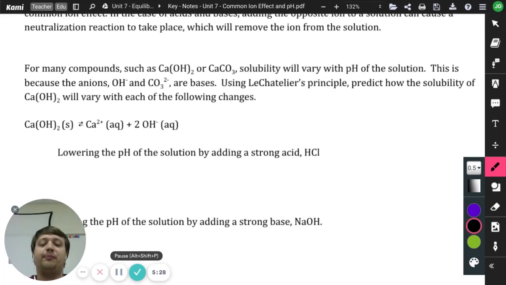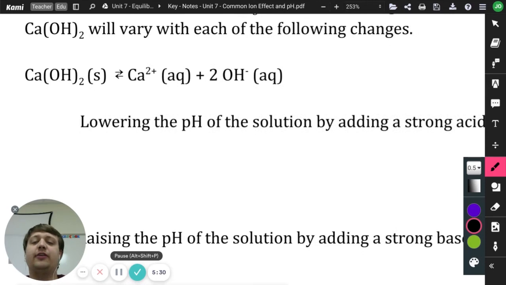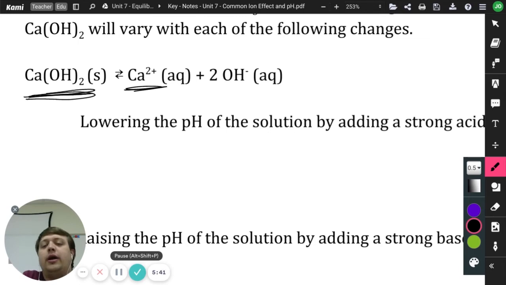Okay, so let's take a look at this and see how this would affect our solubility by changing some of these things. So if I've got calcium hydroxide, we know that it's a strong base, and so it dissociates into the calcium ion and two hydroxides.